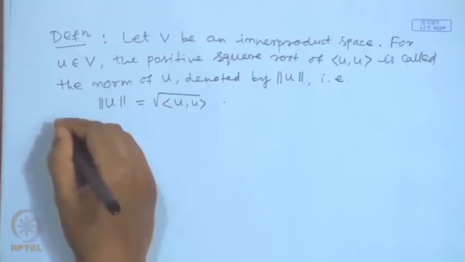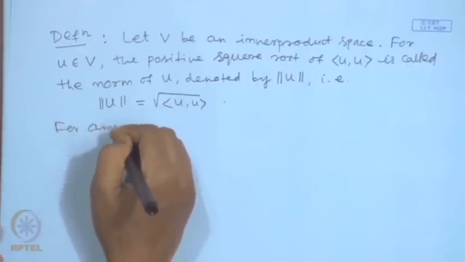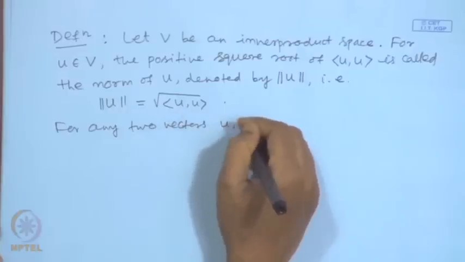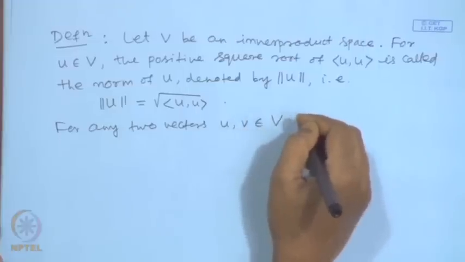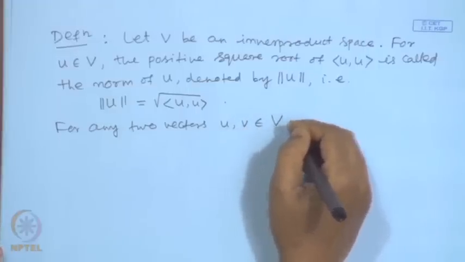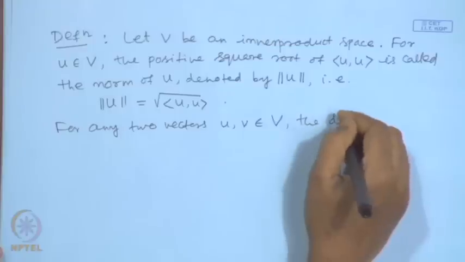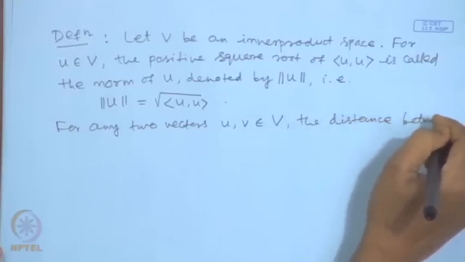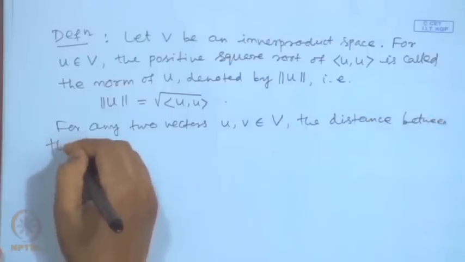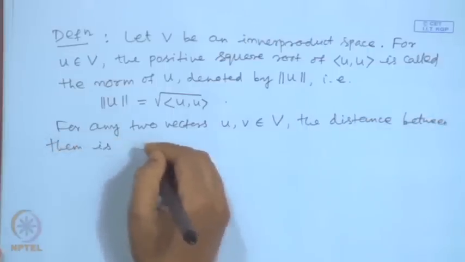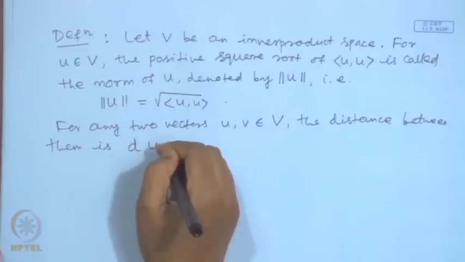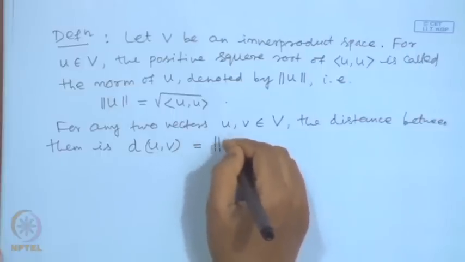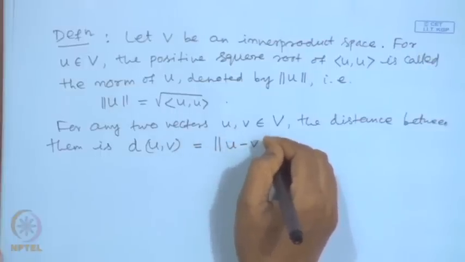For any two vectors u, v in this inner product space V, the distance between them, d of u v, is given by norm of u minus v.